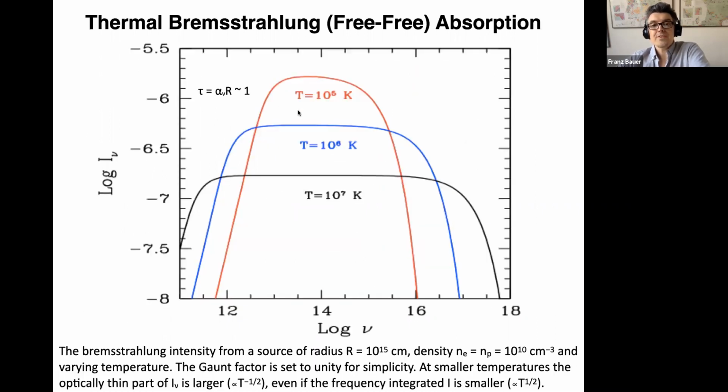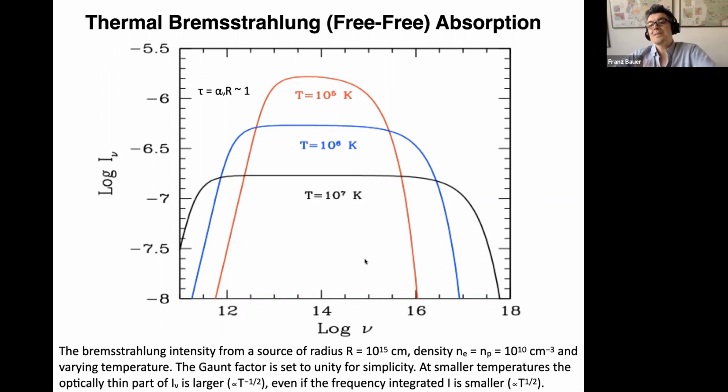And so we get a cutoff here. Most of the energy comes out over a shorter range of wavelengths for lower temperature radiation. Ultimately, if we decrease this temperature by another couple of factors, we will end up with a black body again.